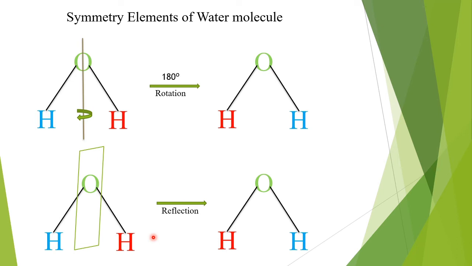Is there any other plane you can think of which will divide the water molecule into exactly two equal halves? Here, the water molecule is V-shaped. You can take two pencils, have them in a V shape, and try out how you can cut the water molecule into two equal halves.